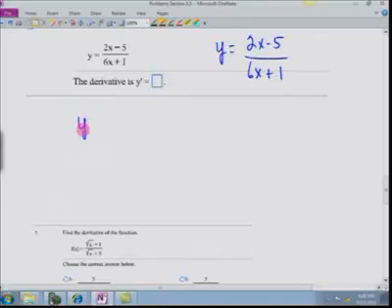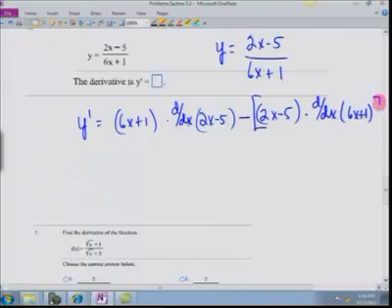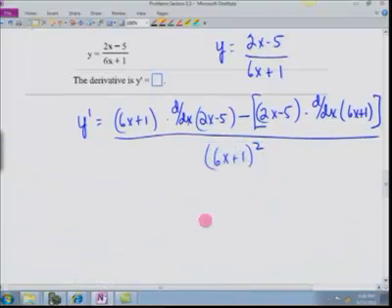And remember, y prime is the bottom times the derivative of the top minus the top times the derivative of the bottom, all over the bottom squared. And this one was easy enough once you get practice that you might not have to write a road map out. But some of the other ones, it will be helpful for you.